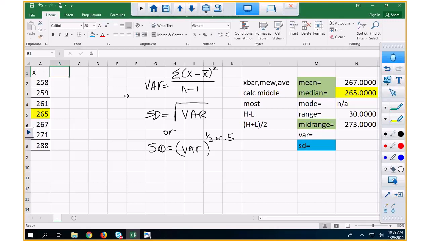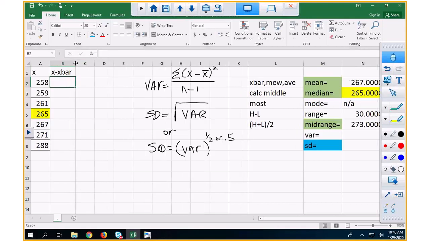The column is going to be called x minus x bar. Right now, I want you to make a column in your notebook and subtract the mean in your calculator from each one of these numbers. I'm going to do it by saying this number minus the mean.